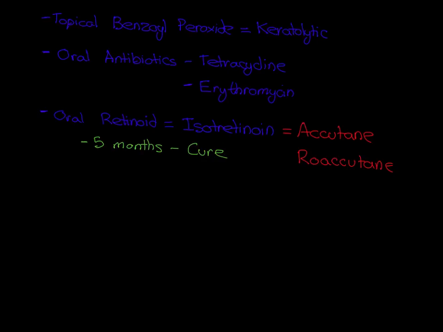Most people who take it get some degree of side effects, and the side effects that are commonly experienced are incredibly dry skin, because it effectively shuts off the sebaceous glands when you're taking the drug, and also incredibly dry eyes, because it affects the meibomian glands of the eyelids, which secrete something similar to sebum onto the undersides of the eyelid, so you can get very dry eyelids and inflammation of the eyelids known as blepharitis. You also end up with very dry lips and very dry oral mucosa. So these are the common side effects.